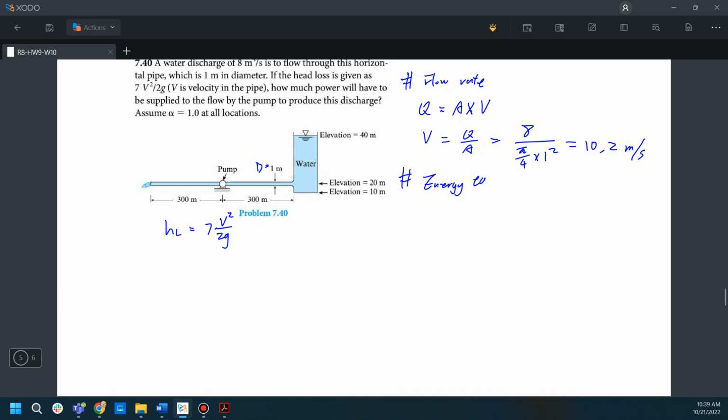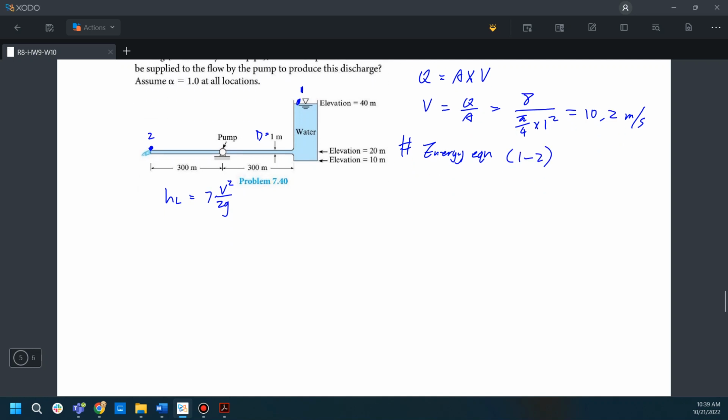Then the second step, we apply the energy equation to the surface of this reservoir. So this is point 1, and then location 2 is at the outlet of this pipeline, so this is point 2.